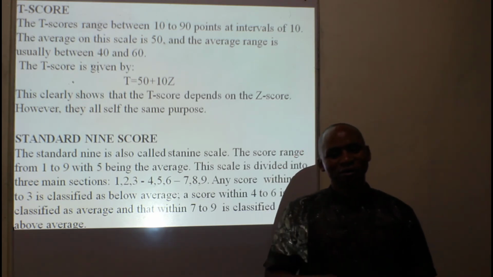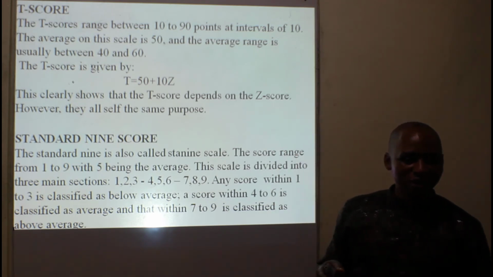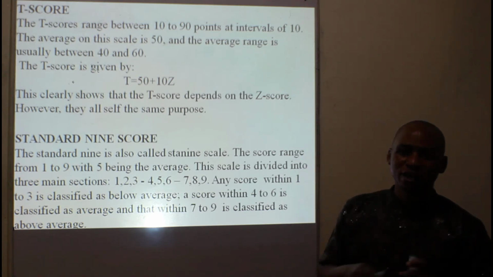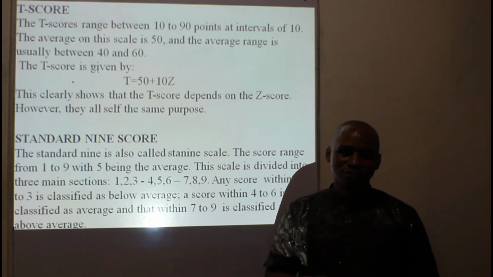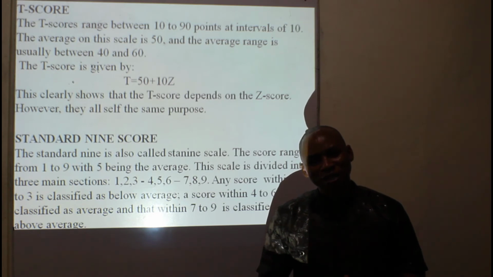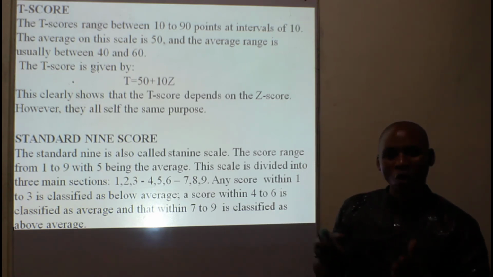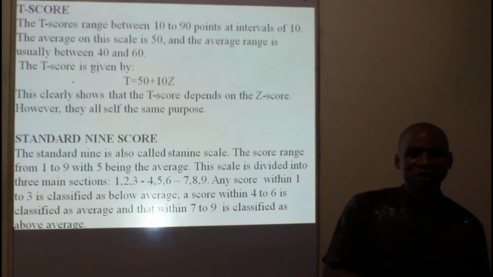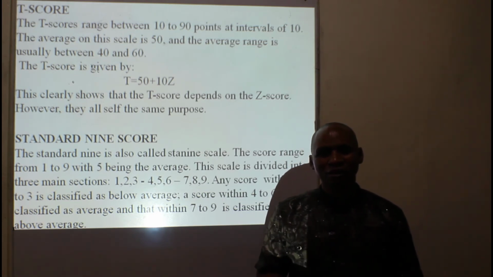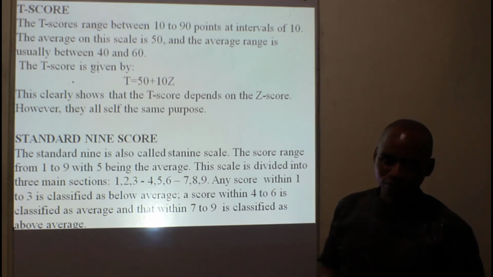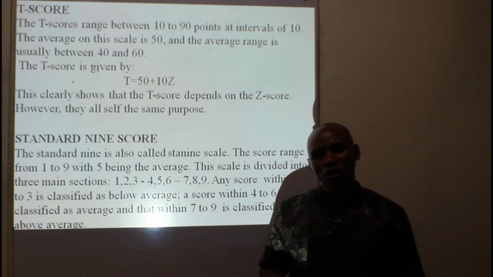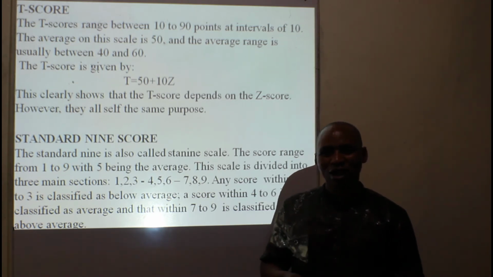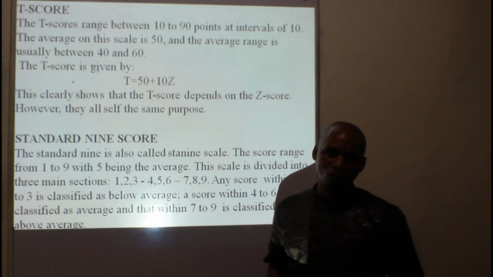However, we normally consider a score between 40 to 60 to be average. What it means is that any score below 40 is considered a below average score, and any score above 60 is considered an above average score.